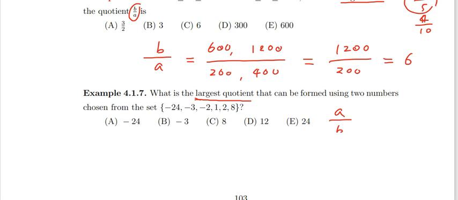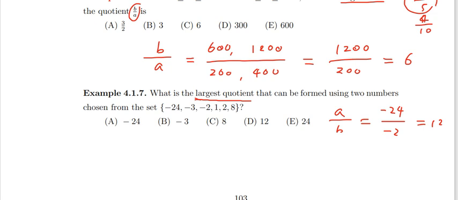So let's say, if A chooses the biggest number, suppose negative 24, we just check this. We want to guarantee this is a positive number, so we just pick B is this. Just check negative 24 over 2. So this number could be 12. So maybe this is not the largest.